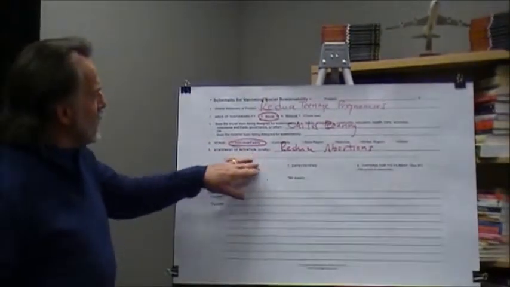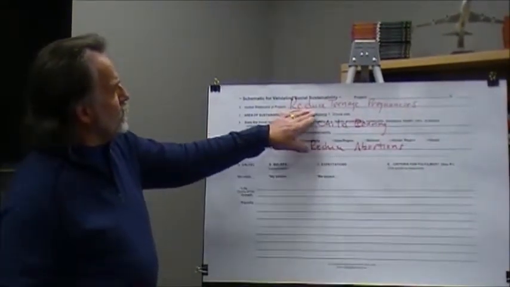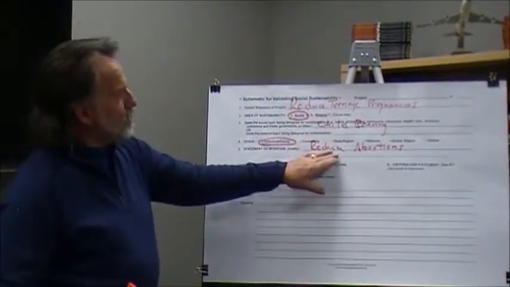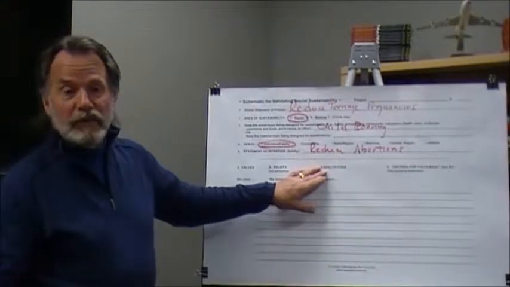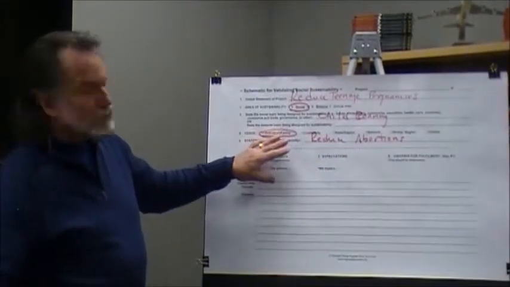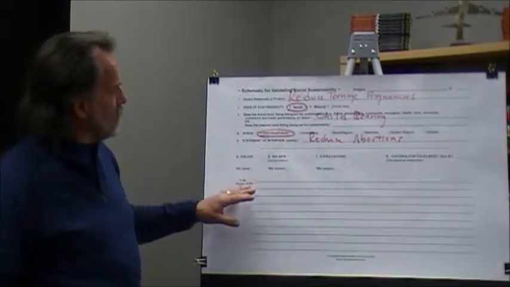We could go on and make a sub-statement: the statement of intention would be, first of all, reduce teenage pregnancies, reduce abortions, and reduce global population. That's pretty long term, but that's what social sustainability is all about, long-term thinking and planning.